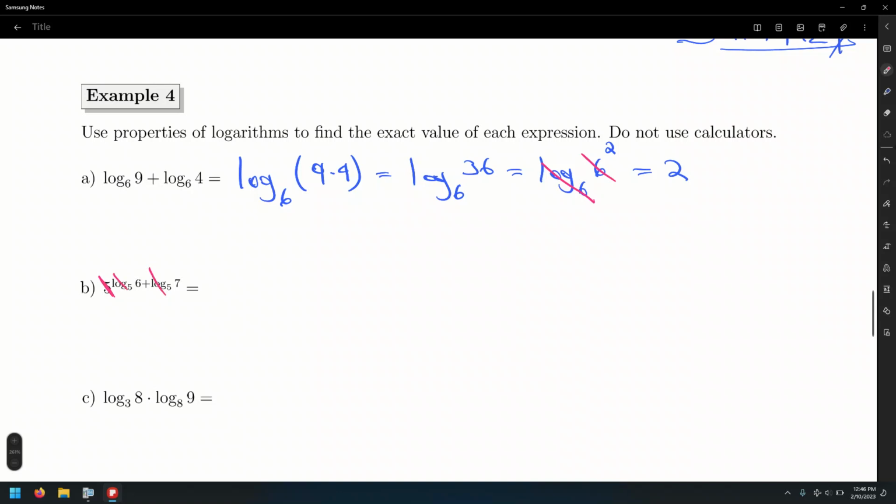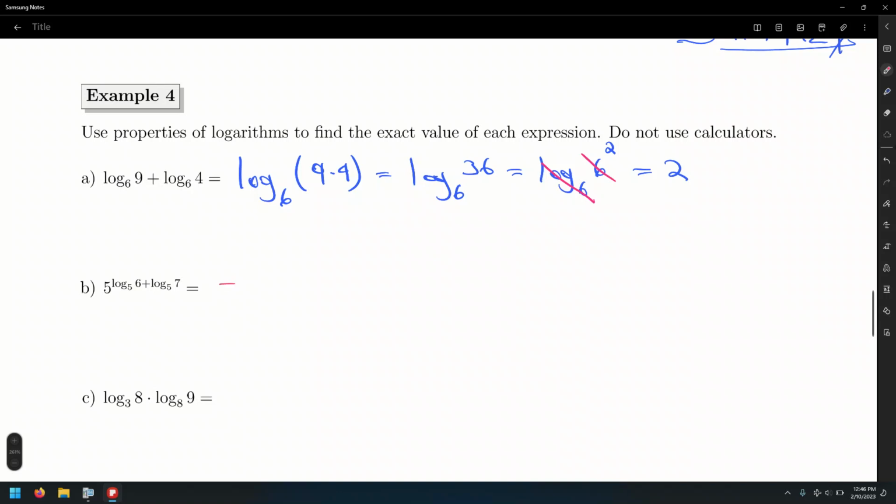In order to cancel this, we need to combine the logarithms together into one single expression. And well, what do we have? In the exponent of the 5, we have an addition of two logarithms. And we're going to write it as a single log by combining them together using the addition to product property.